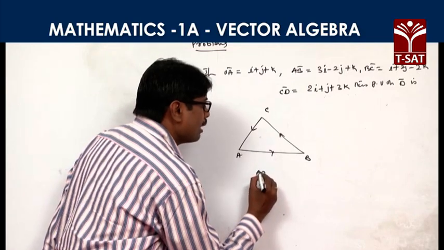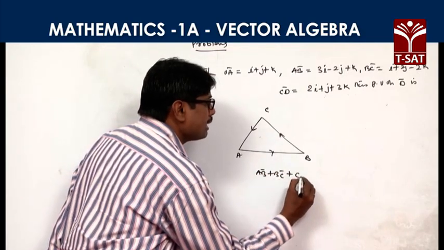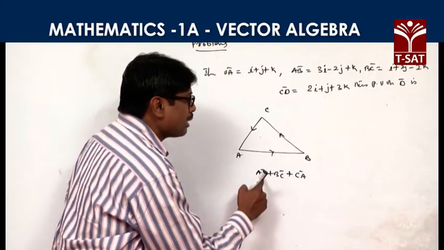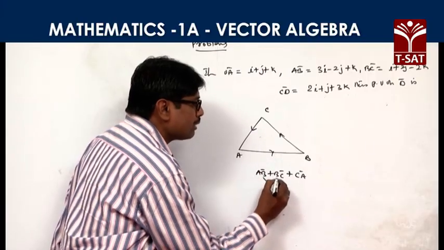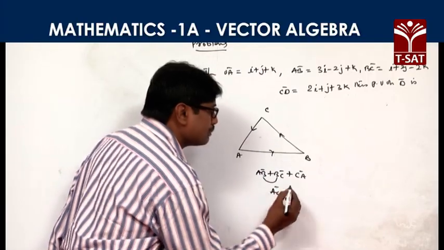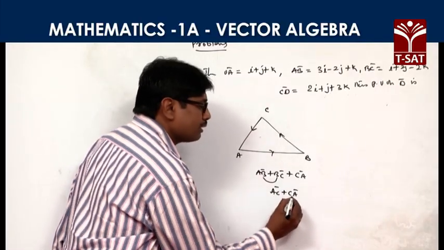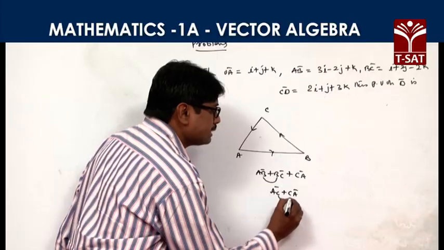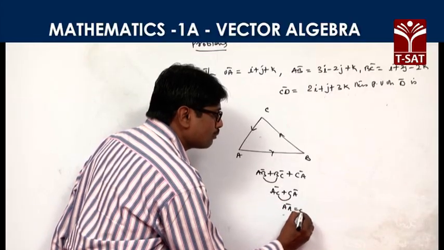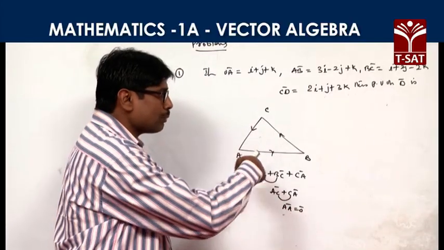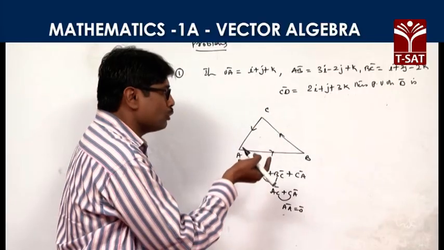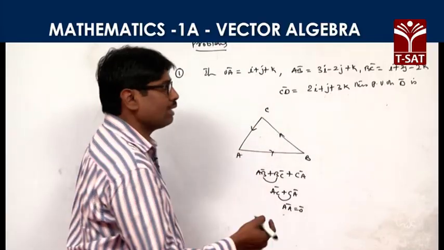So, AB bar plus BC bar plus CA bar. If you take AB bar plus BC bar, whose initial and terminal points are coincident, you can write it as AC bar, and CA bar. Here again the initial and terminal points coincide. So, AA bar is equal to 0 bar. In every closed polygon, the vector sum will be 0. You may take a triangle or a quadrilateral.